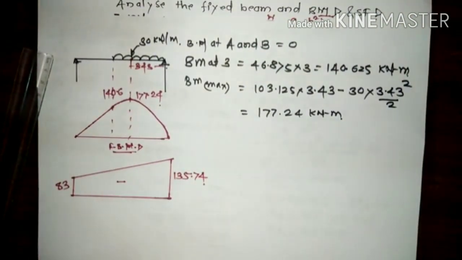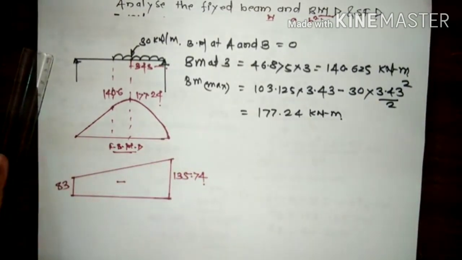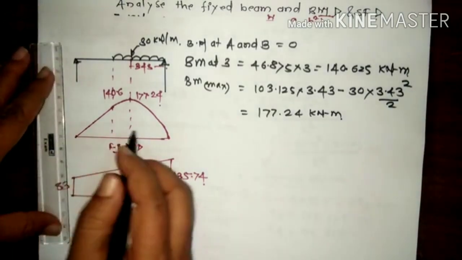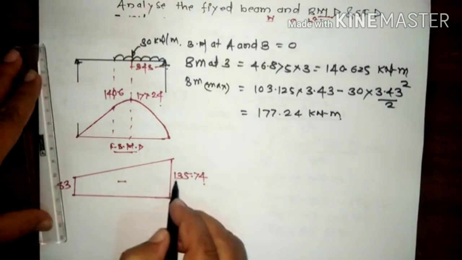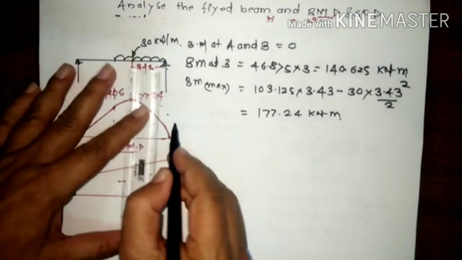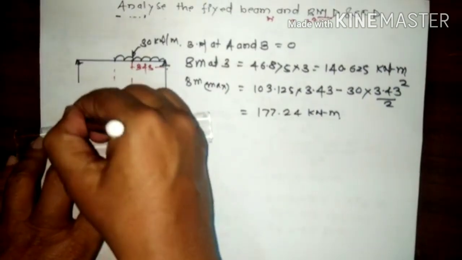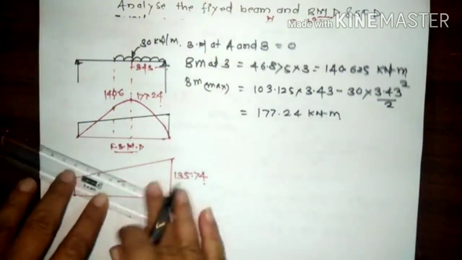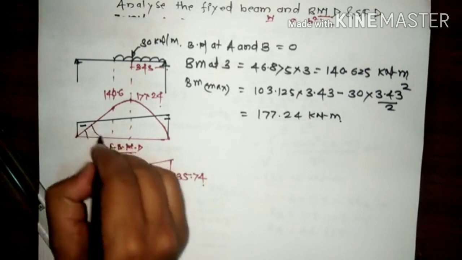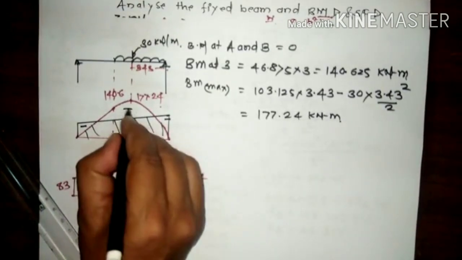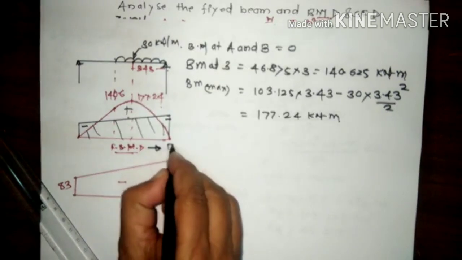This is negative because of hogging. So we superimpose this diagram over the free BMD. The remaining part is minus, the common part cancels out, and this part is plus. So this becomes the final BMD.